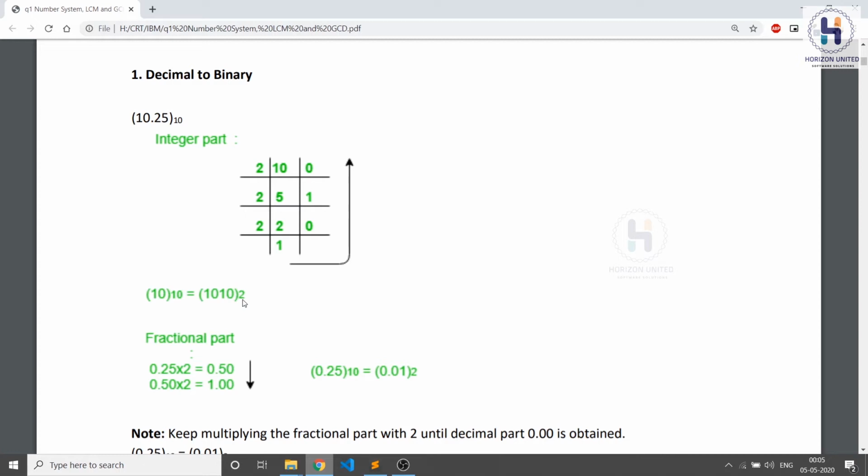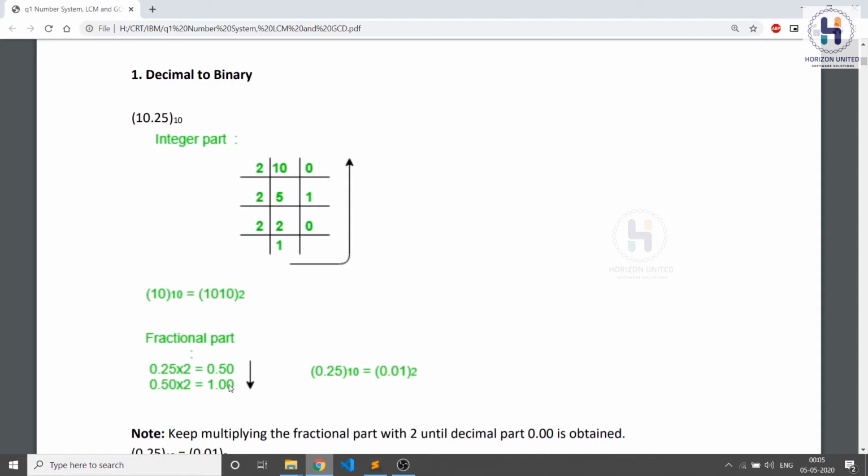Now for the fractional part, as we discussed, we have to multiply it by 2, right? The fractional part is 0.25, so 0.25 times 2 will be 0.50. Then again you get 0.50 times 2, which is 1.00, until you reach 0. In the fractional part, you have to keep on iterating this process.